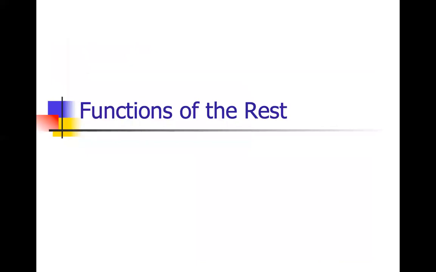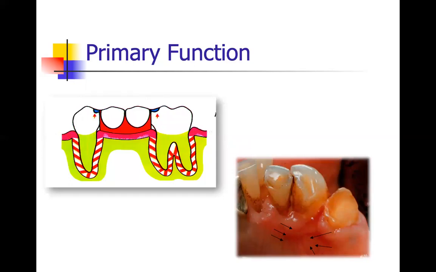Then what are the functions of an occlusal rest? Why is it necessary to prepare a rest seat? The primary purpose of the rest is to provide vertical support for the partial denture. These are the rests. This is a partial denture. These rests provide vertical support to the denture.